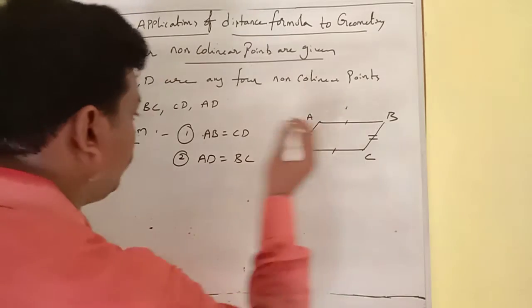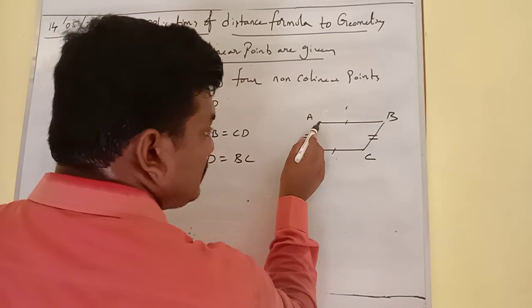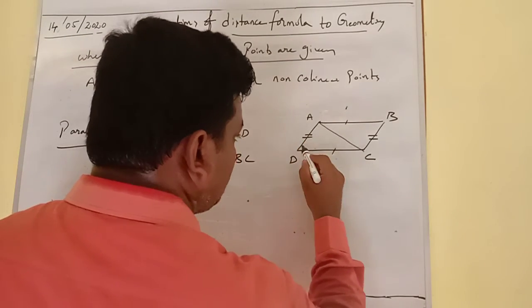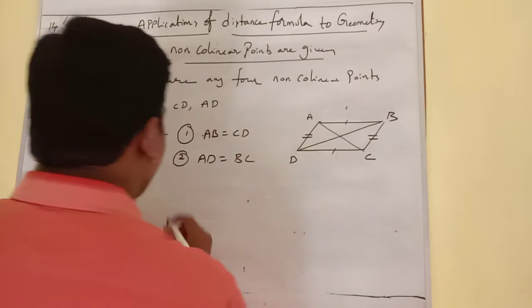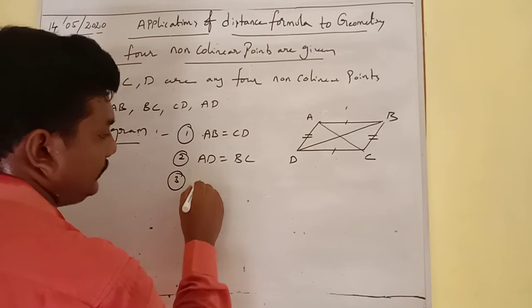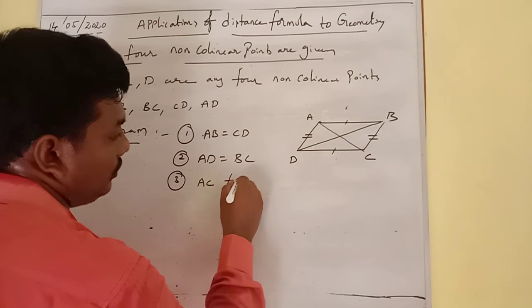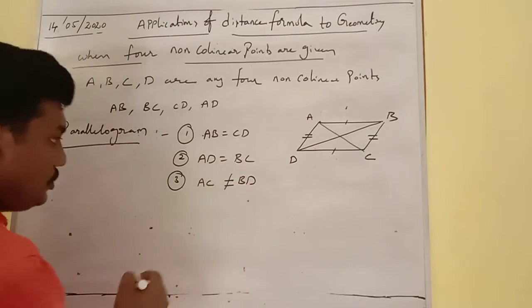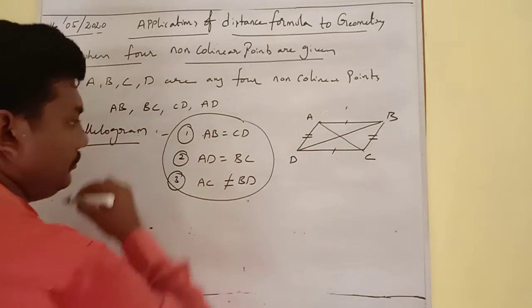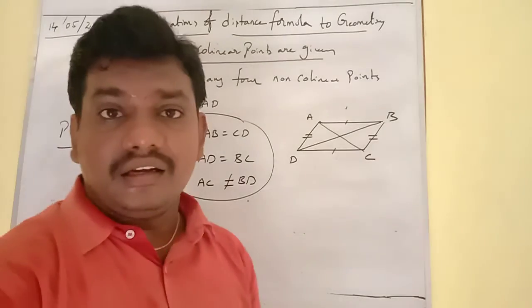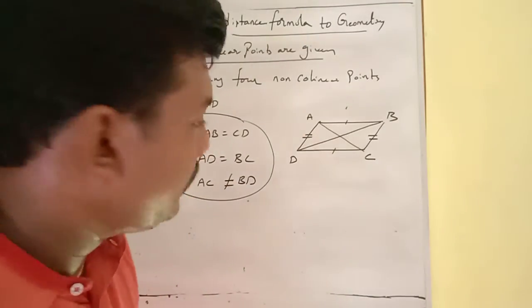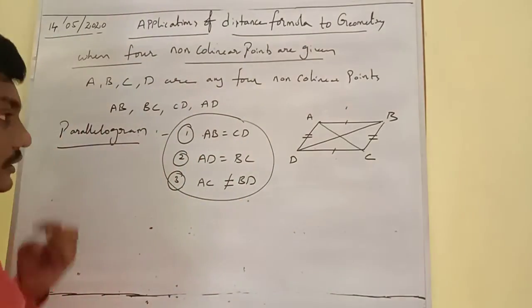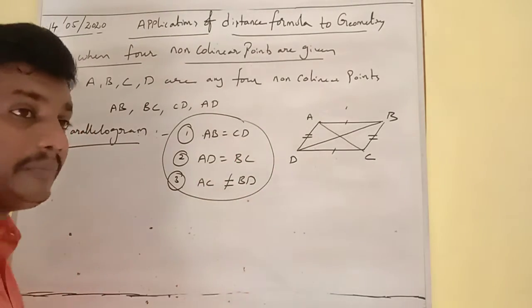Now one more condition we have to see, diagonals. The lengths of the diagonals are not equal. That is AC is not equal to BD. So these are the conditions of a parallelogram based on the distance formula. Based on the distance formula, we can find whether a given quadrilateral is a parallelogram or not.